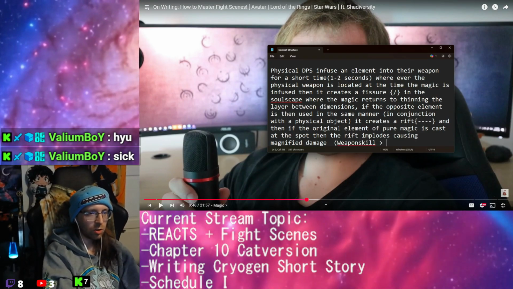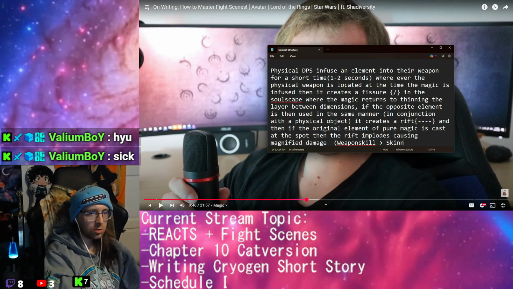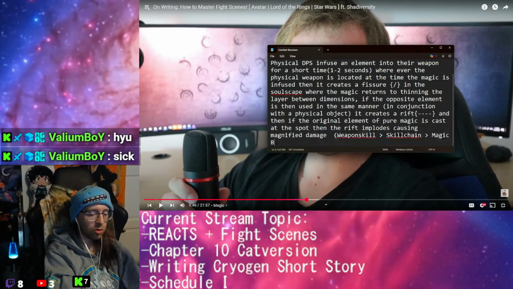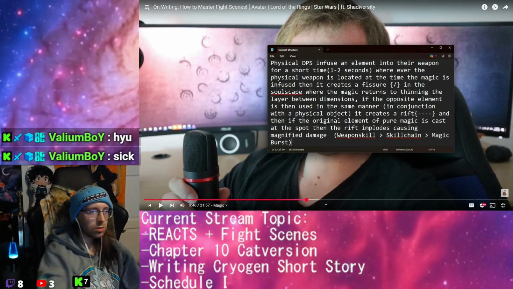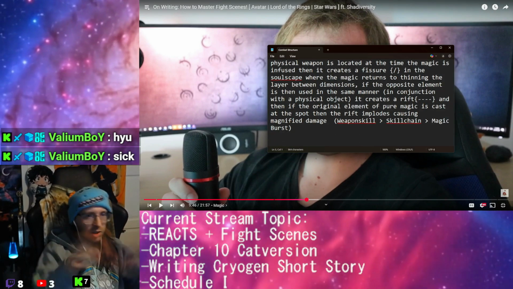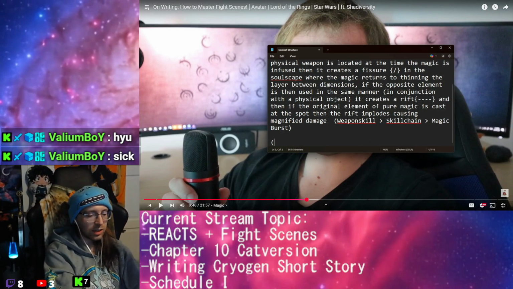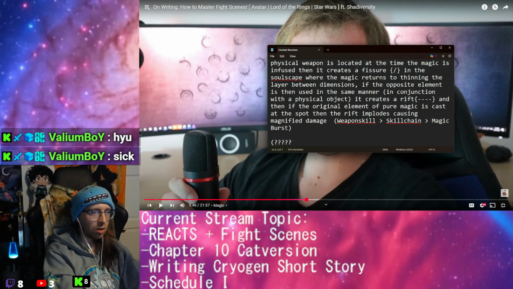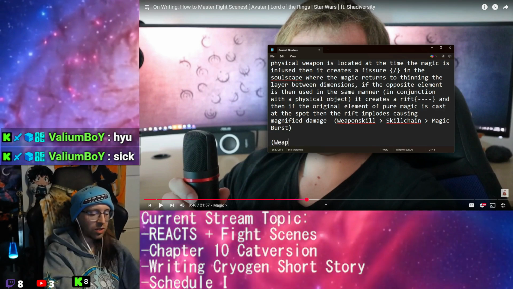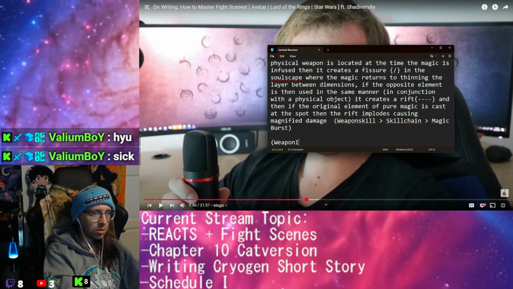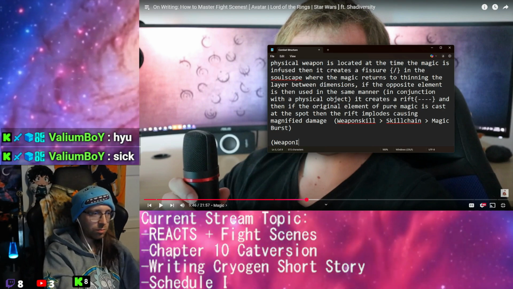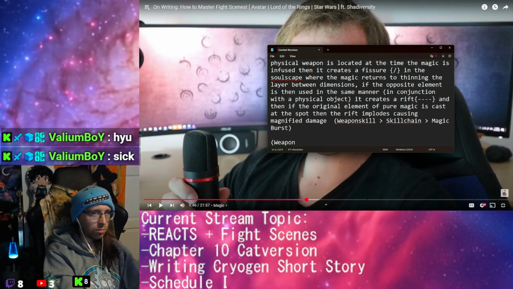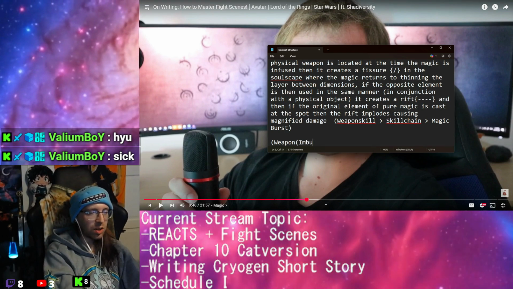Weapon skill chain, magic burst. Although we can't call it that, so it's, I don't know, question mark, because I don't know what we're going to call them. We could call them weapon skills. We could maybe imbue?